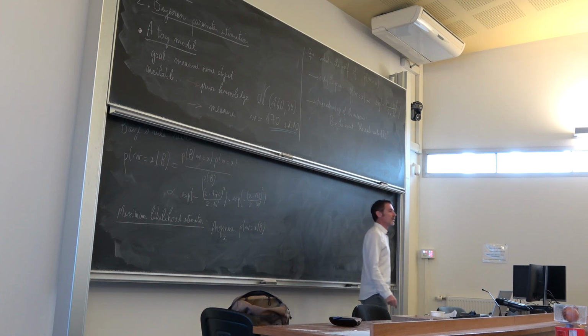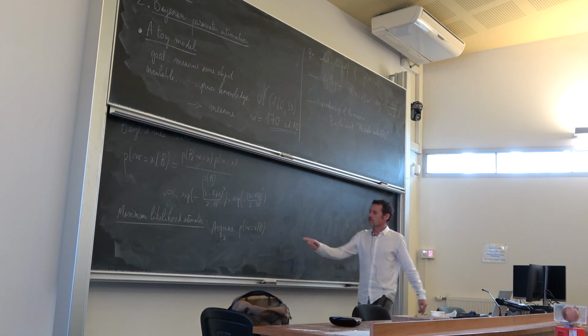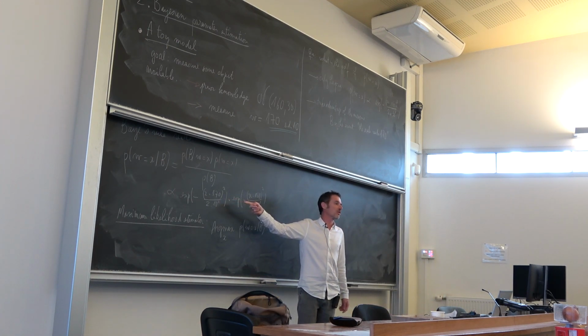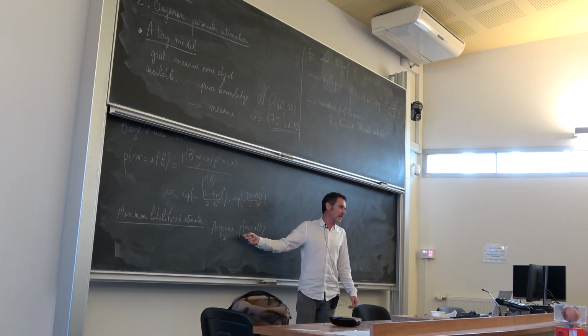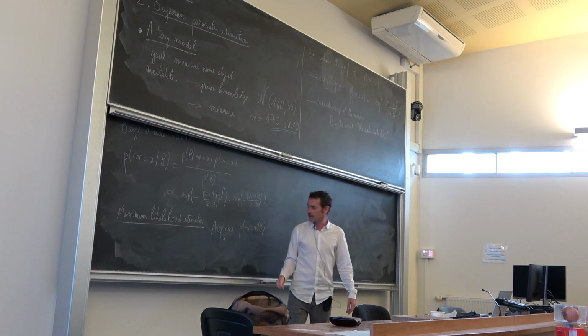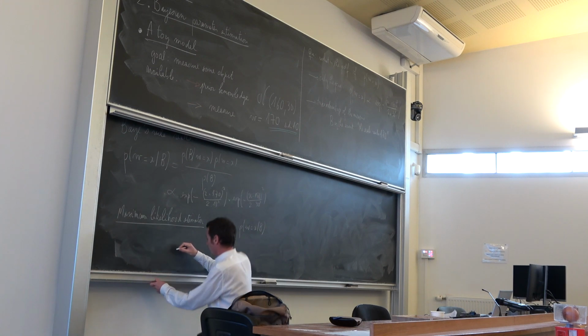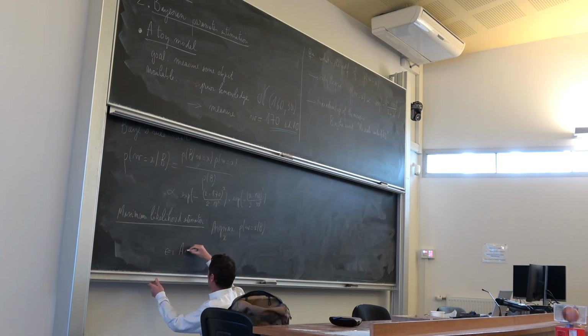And nobody wants to do this. You see, we have the product of two exponentials. In fact, we minimize minus the log of the same thing. So this is equivalent to minimizing with respect to x minus the log of the probability.